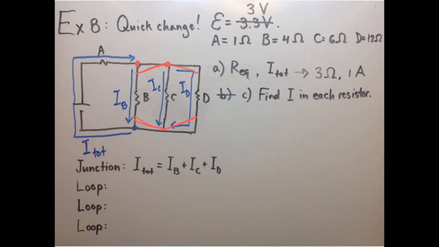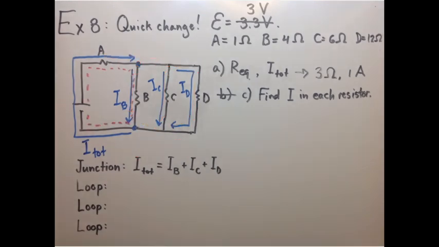So we have I total going in based on the direction of that arrow, and then IB, IC, and ID going out of that junction, again based on the directions of the arrows. So there we have it, I in equals I out. 3 currents go out, 1 current goes in, and that's the equation that we write to represent that.